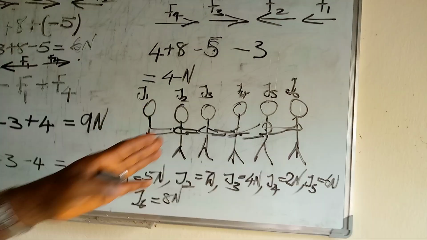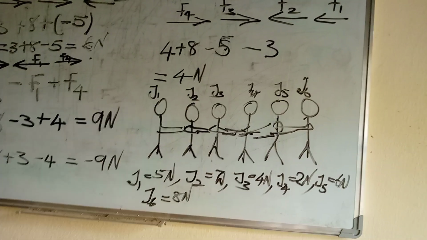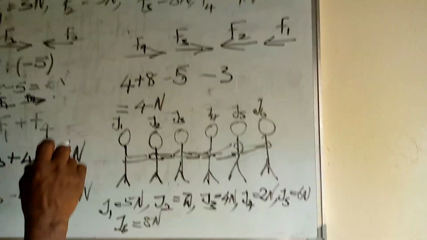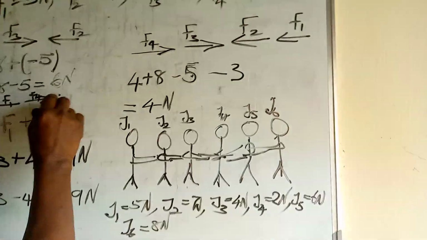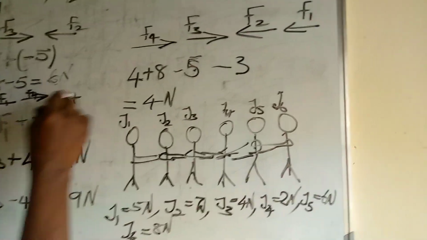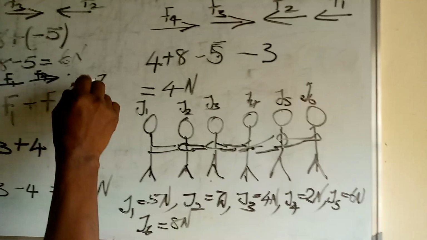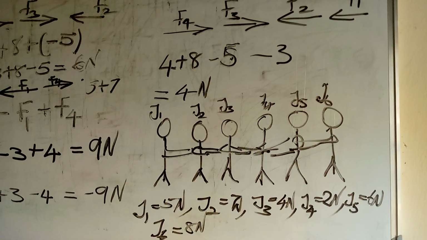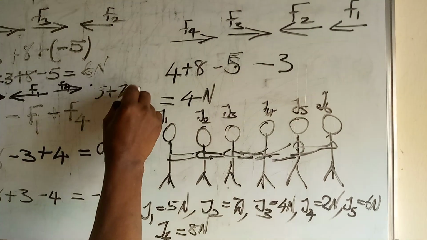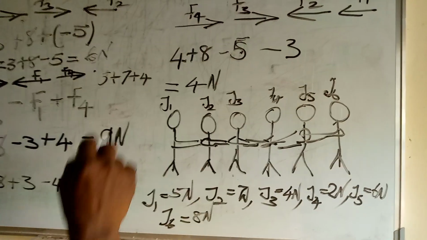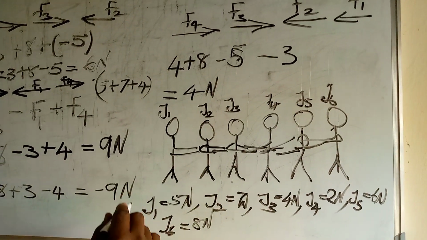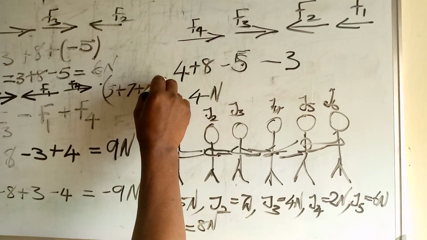Let's take the direction of pull of J1 as positive. So that means J1 is 5, plus J2 7, because of the positive sign, plus J3 4. They are against J4, so J4 is 2 negative.